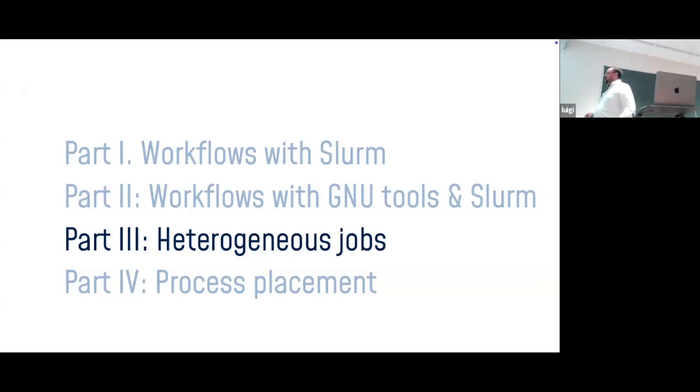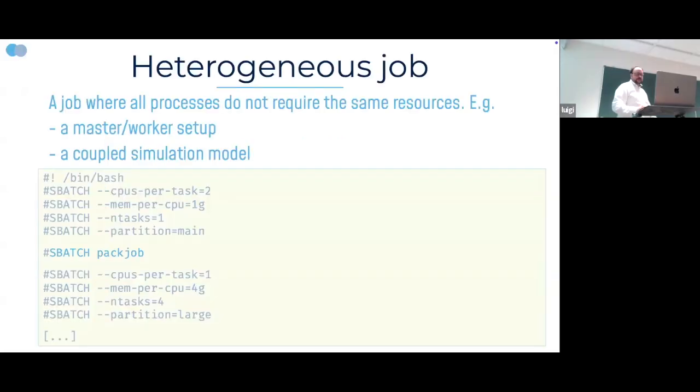And the next part is about these type of jobs. So there are typically two main situations where you might want that not all the tasks in the job have the same access to the same resources: if you have a master worker setup, or if you have a coupled simulation model.